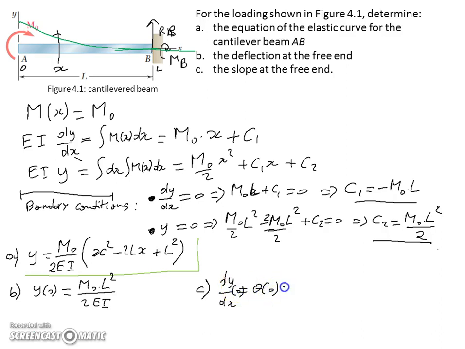This is an approximation, but close enough for small deflections and small angles, and that's going to be equal to M0 x, so M0 times 0 plus C1, simply equals C1, and C1 is minus M0 L, divided by EI.